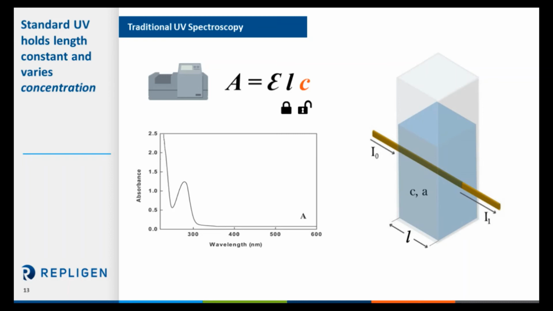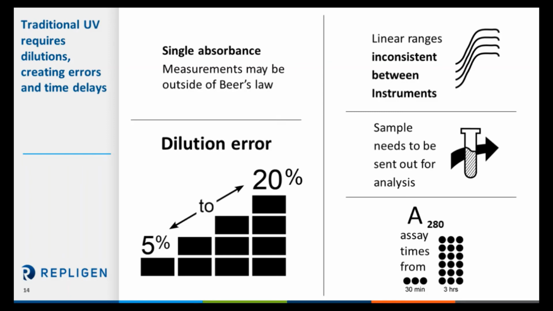While some companies have made the path length smaller, it still doesn't account for having a fixed path length where the sample must be within the linear range of the device in order to get that measurement. We have lots of issues: dilution error, linear range of each spectrophotometer, and the more downstream you go with these processes, you're sending samples out for analysis, and those assay times could take anywhere from 30 minutes to 3 hours.